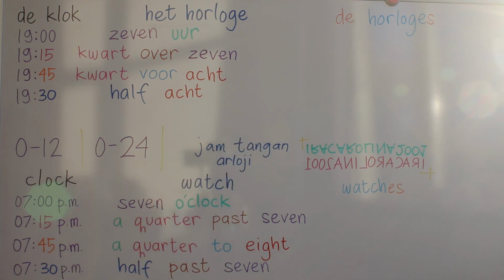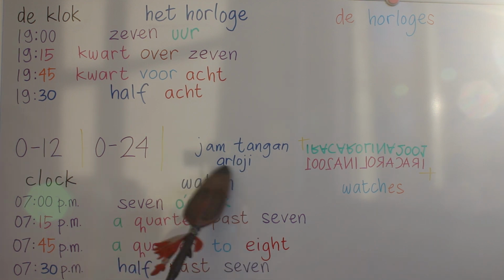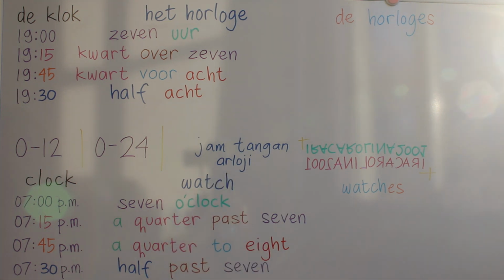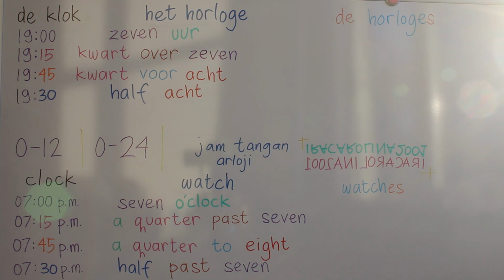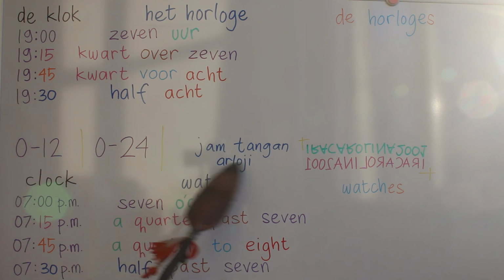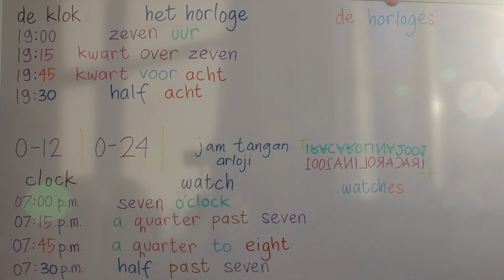Jam tangan or arloji for watch. This arloji is taken from the Dutch horloge. Horloge, watch. In Indonesia, it becomes arloji. Horloge, arloji. Thank you.